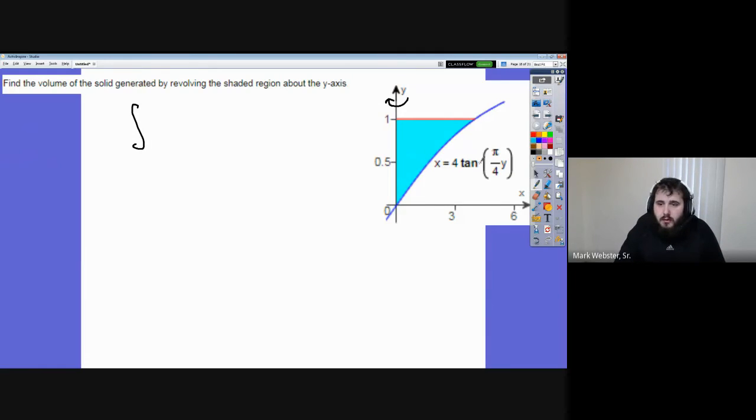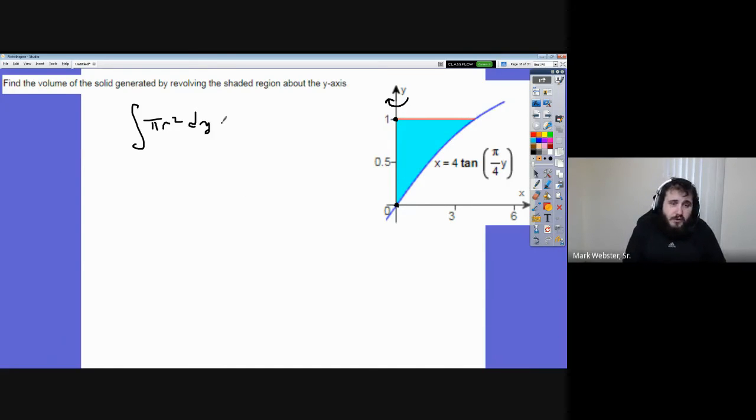So we're going to integrate. Again, this is pi r squared, right? And what's r? It is 4 times the tangent of pi over 4 y. And we're going from y is 0 to y is 1.